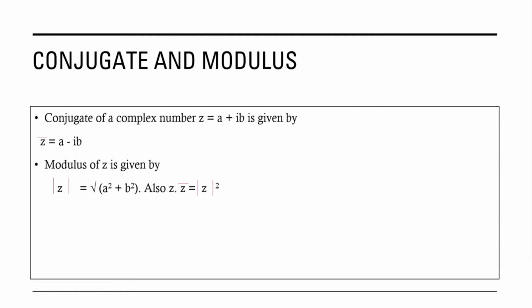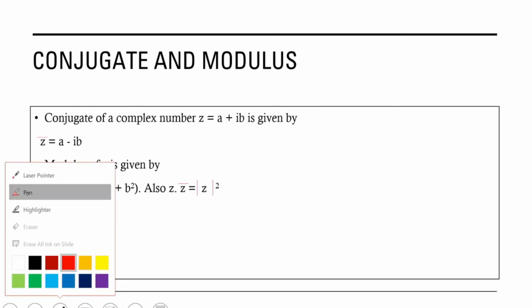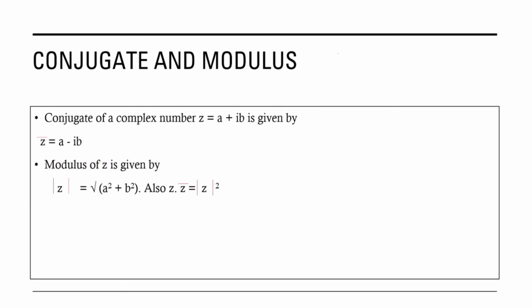Now let us see the use of the conjugate of a complex number. In our earlier classes, we were asked to simplify an expression of the form 1 by 3 plus root 2. What we will usually do is multiply and divide this by 3 minus root 2.